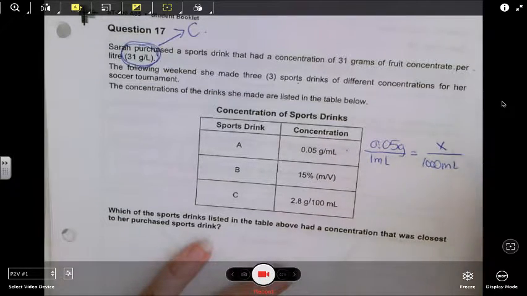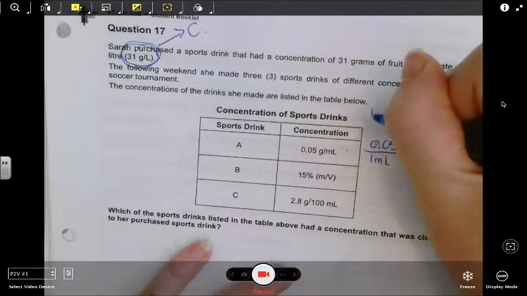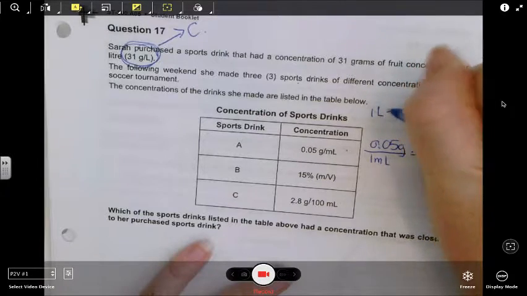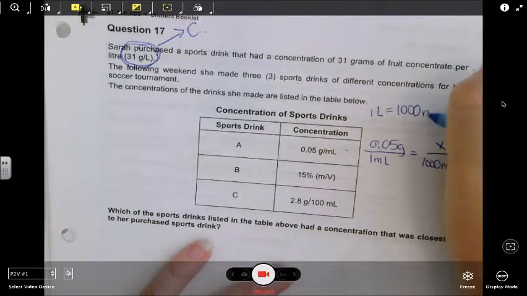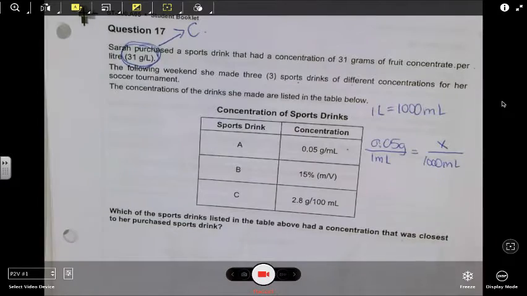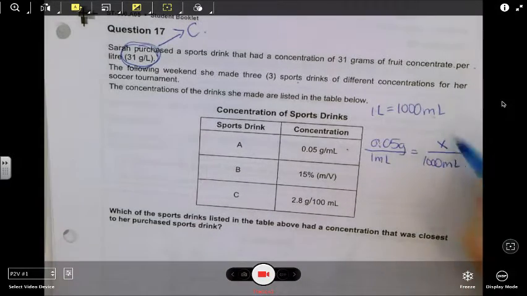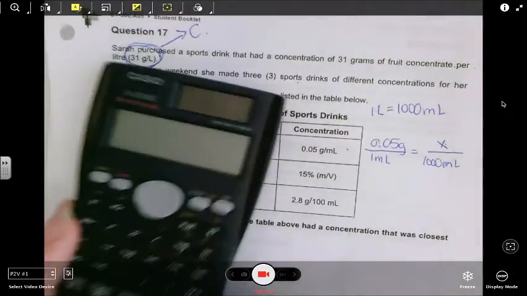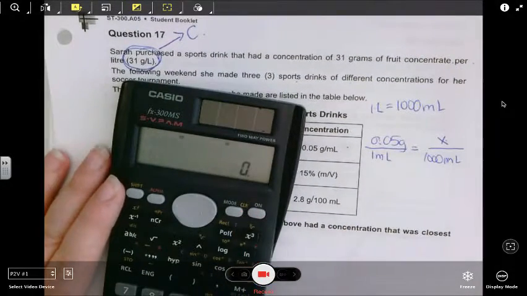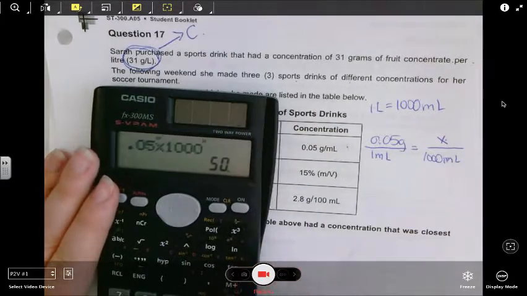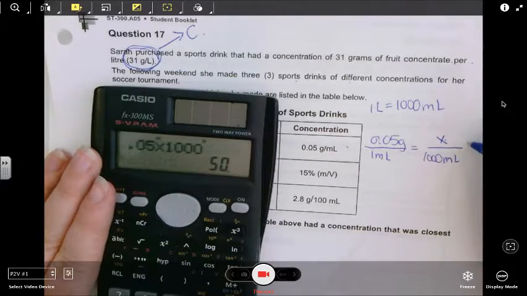And the reason for that is that 1 liter is 1,000 milliliters. So we're going to try and figure out in 1,000 milliliters how many grams there would be. Then you just cross multiply and divide. So I'm going to do 0.05 times 1,000.